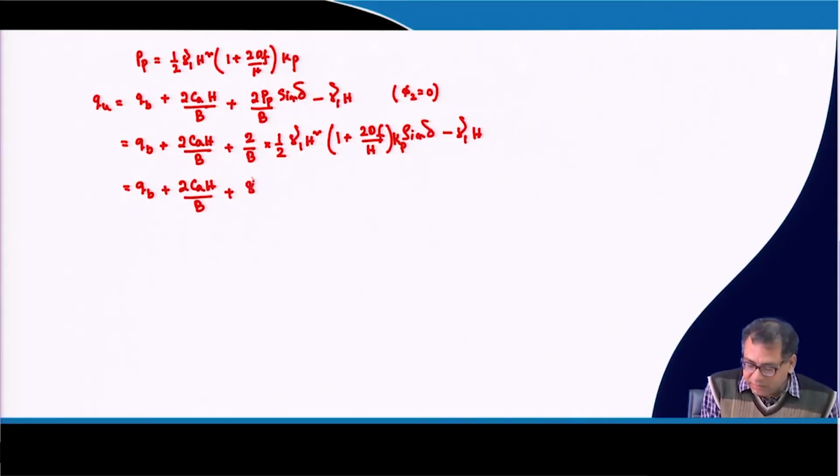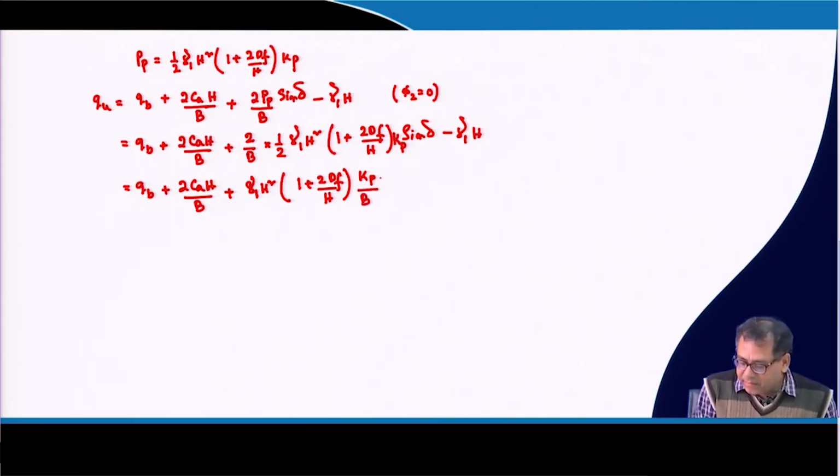Now, this will be gamma 1 H square, then 1 plus 2 Df divided by H, into Kp divided by B, and then we are taking tan delta. So, it is a tan delta.